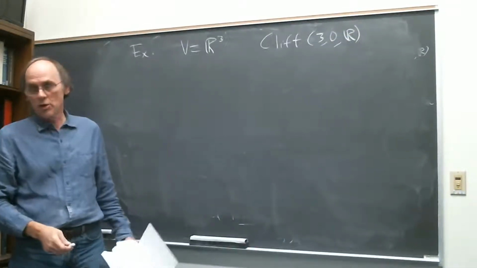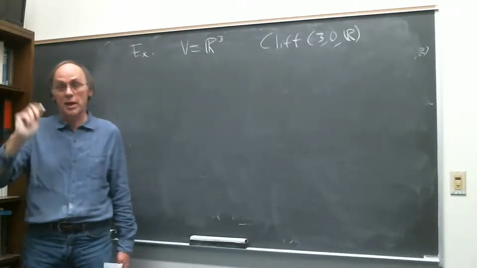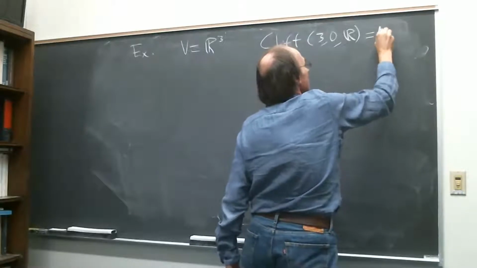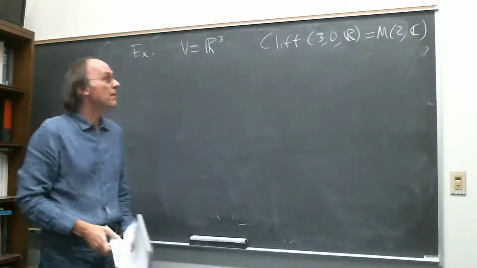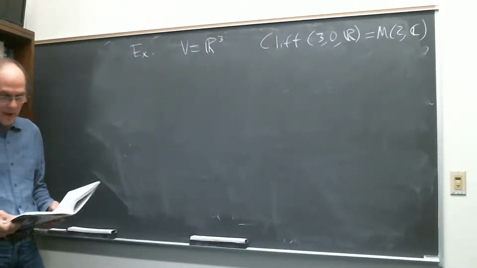What I showed at some point, just from knowing what the generators and relations of the Clifford algebra are, is that this has to be the 2x2 complex matrices. Okay. So then what happens?